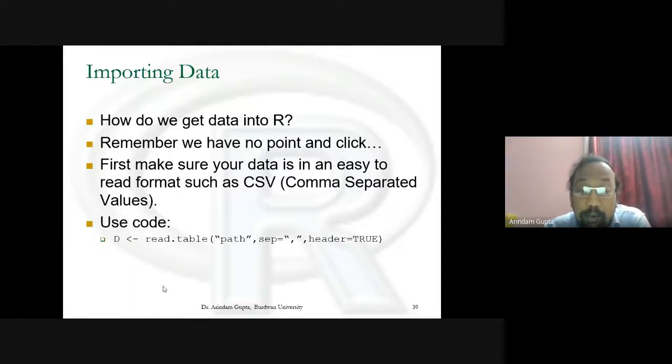Then comma, sep equal to, within inverted commas a comma, because we use a comma separated file, and comma header equal to TRUE. This means if we have the variable names in the first row of the Excel sheet, then type header equal to TRUE, otherwise header equal to FALSE. Go to R.